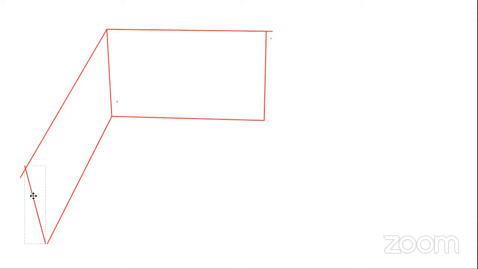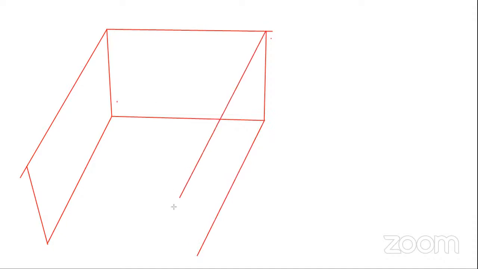Much as this here is not clear, for illustration purposes it can do. Then we bring this one here, and then we draw another one up. So are you seeing how I'm forming a box?